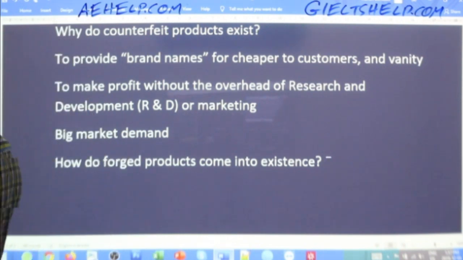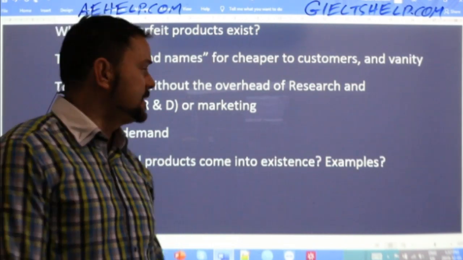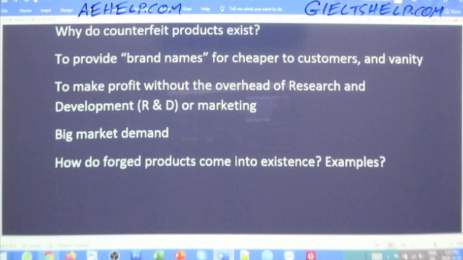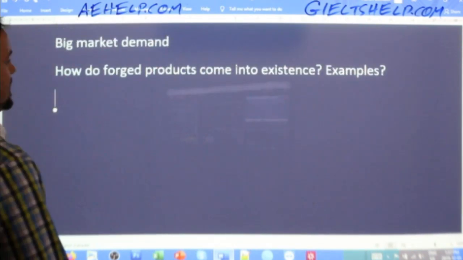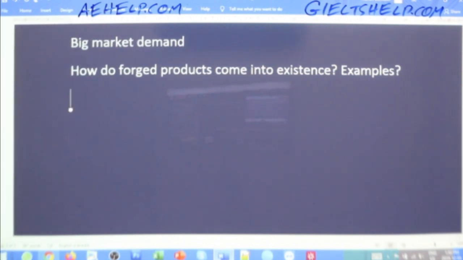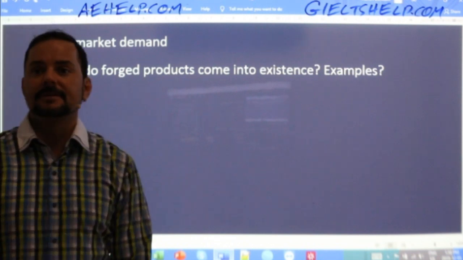So examples, excellent. And what's the answer to this? So how do these fake products come into existence? What are some examples of such counterfeit products? Okay.